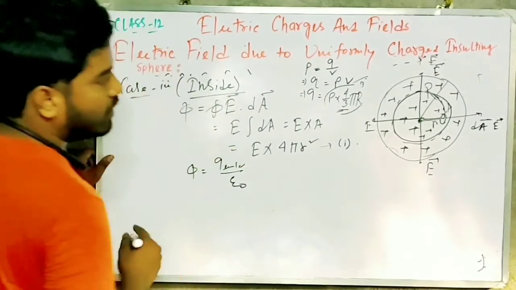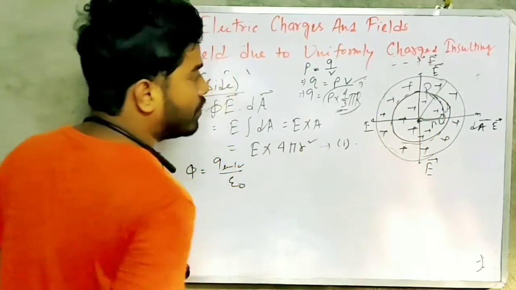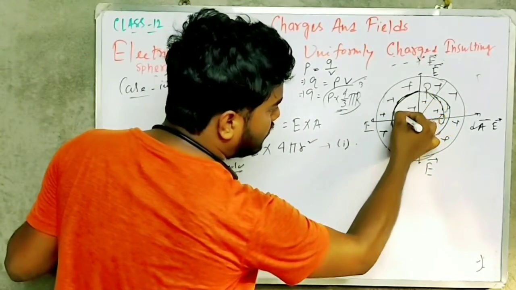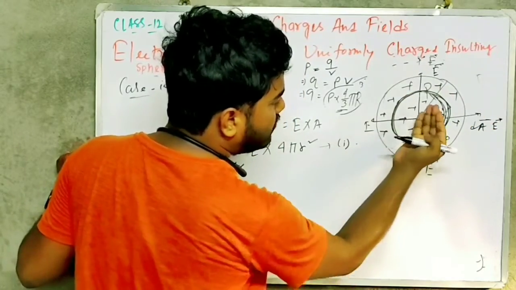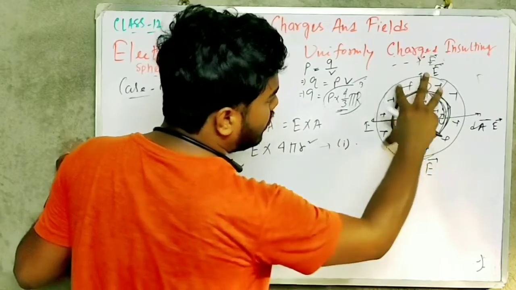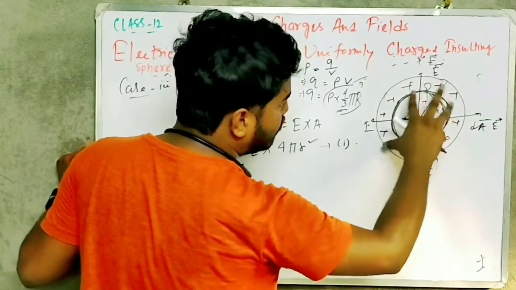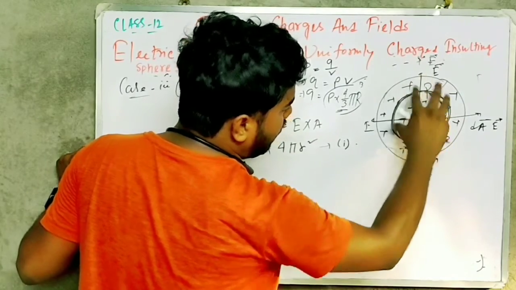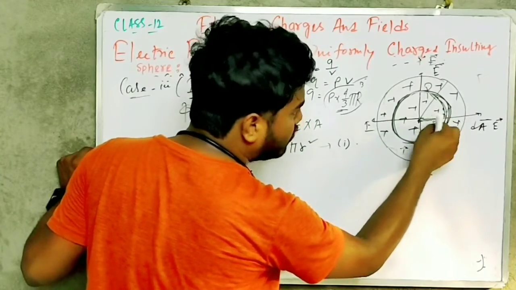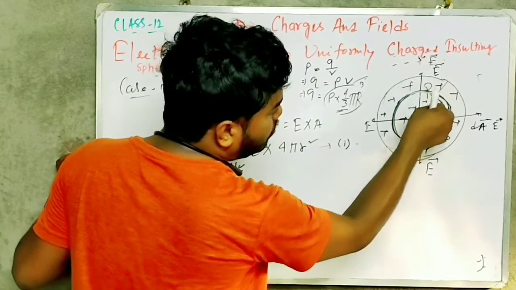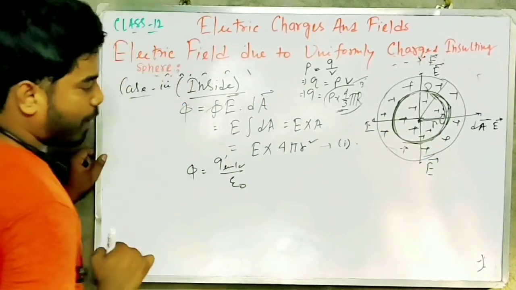According to Gauss theorem, phi equals Q enclosed by epsilon naught. Suppose the total charge is Q, and we have to calculate the amount of charge enclosed inside the Gaussian surface. That is obviously smaller than Q, because the total sphere radius is capital R and the total charge Q is stored inside the sphere, and the Gaussian surface radius is smaller than capital R, so the charge will be smaller than Q. Suppose Q dash.